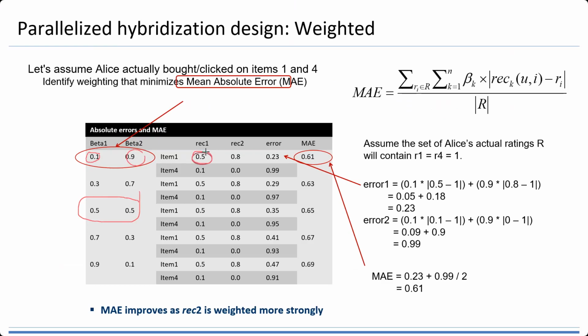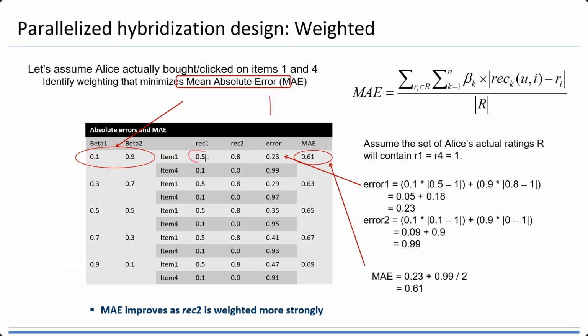I need to multiply this one, 0.5 multiplied by 0.1, and then 0.8 I multiply with the 0.9. Now let's assume the best one is 1.